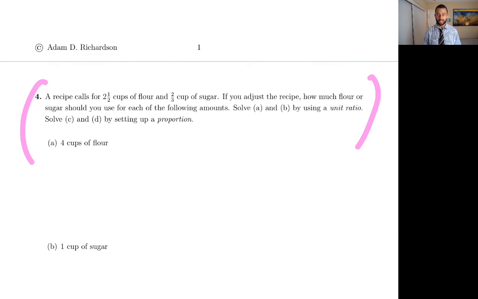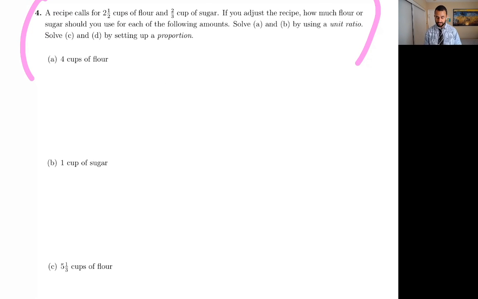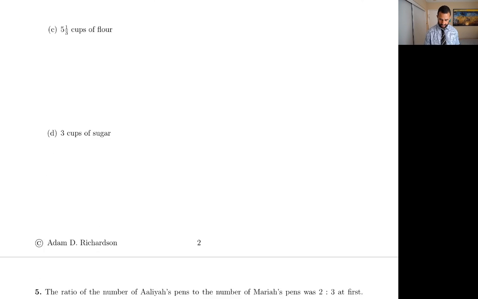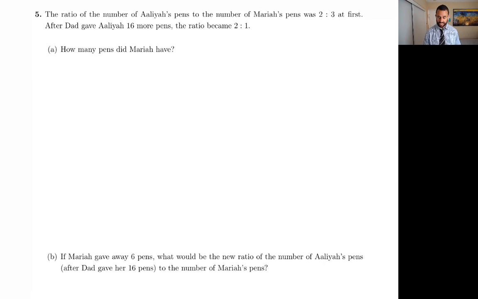This is a really important one. This is the good cooking example, and you have to solve these problems by using a unit ratio and a proportion. I want to emphasize that you cannot use only a proportion to solve these. You do need to use a unit ratio to solve a couple of these.